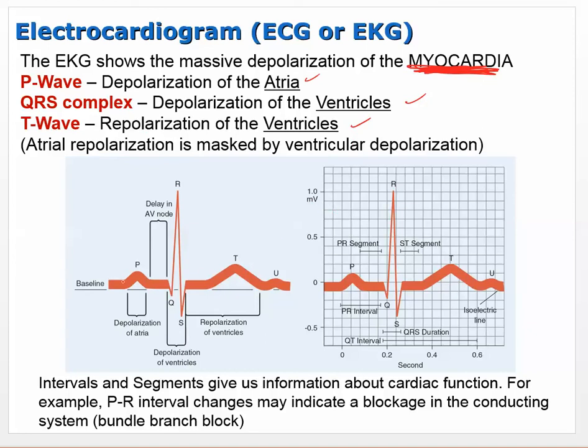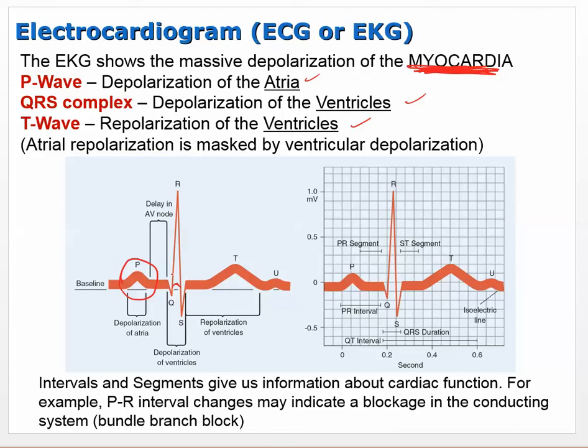So if you have depolarization of the atria, you expect repolarization of the atria, and it does happen, right here, buried under the QRS complex, and you don't see it. It's a very tiny signal. The repolarization signal is a little slower, so it doesn't show up as well on an EKG.